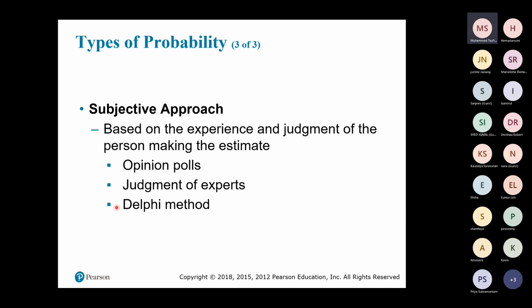And then we have another type of probability, subjective probability, based on experience and judgment of the person making the estimate. So there is another way of calculating the possibilities. This one is basically based on your experience.